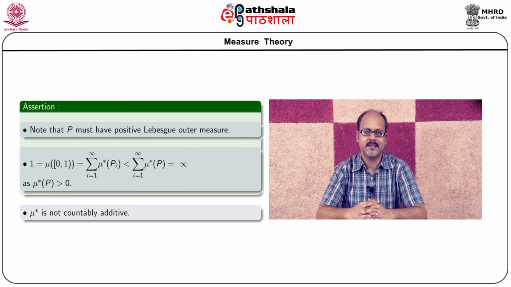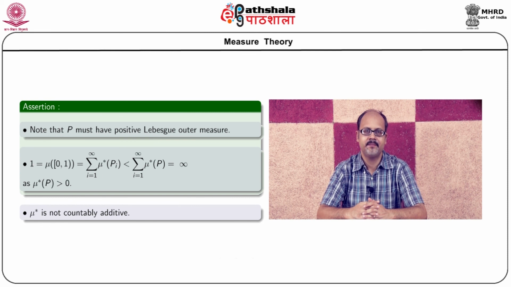Now, consider the set P. We have already shown that it is not measurable. So, if we consider its Lebesgue outer measure, then mu star of P cannot be equal to 0, because we already know that a set of Lebesgue outer measure 0 is always measurable.